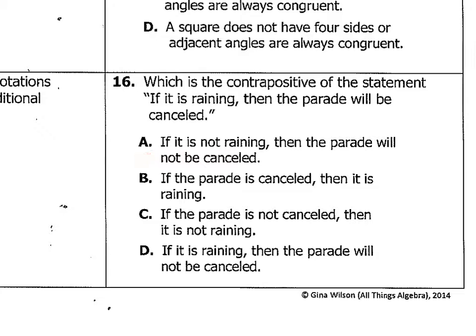A, if it's not raining, then the parade will be canceled. B, if the parade is canceled, then it's raining. C, if the parade is not canceled, then it's not raining. Or D, if it's raining, then the parade will be canceled. Contrapositive means we're flipping, and we should have negative words in the statement. Words of no.